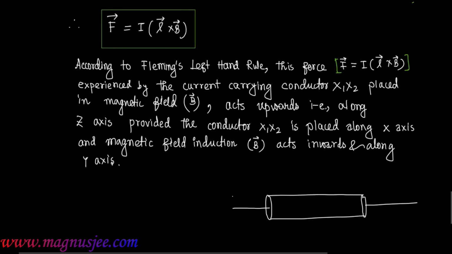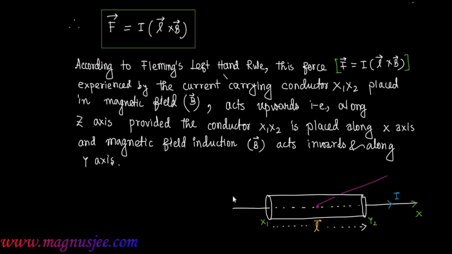This is the long straight conductor carrying a current I. We can denote the axis of the conductor. Vector L is the length vector of the conductor, placed along the x-axis, and the magnetic field acts inwards.